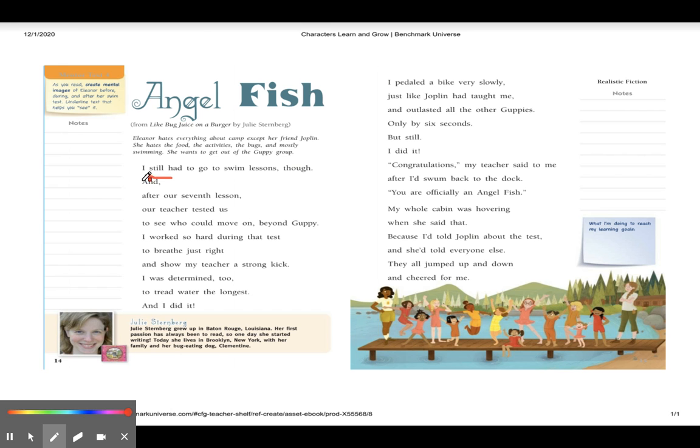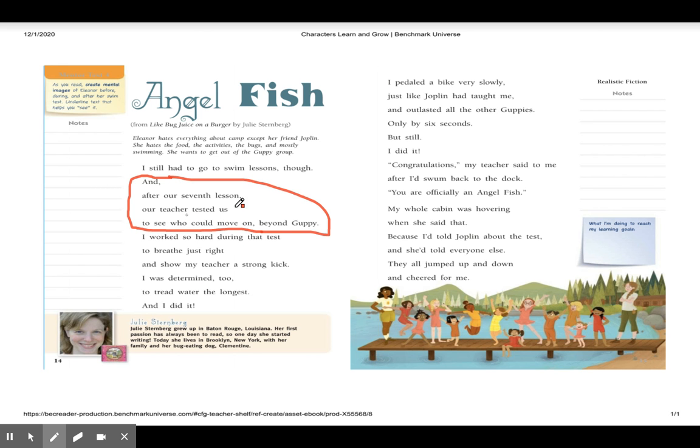Why the author wanted to include this detail in the story, and what the detail of after our 7th lesson, our teacher tested us to see who could move on, tells us. What context can we gather from that on Eleanor, and what does that tell us about our conflict and our characters? There's going to be a question that asks how the particular date of the seventh test tells us about the plot of the story.